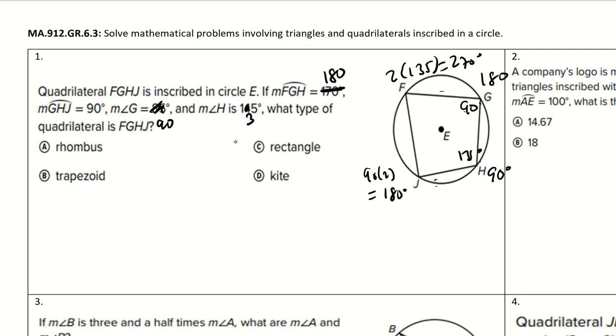So let me actually mark that from here to there. Okay, and then next we want to note that, okay, so since this angle is 90, this has to be 45 because this is an inscribed angle for that arc there, right? So now we know that that's 45.